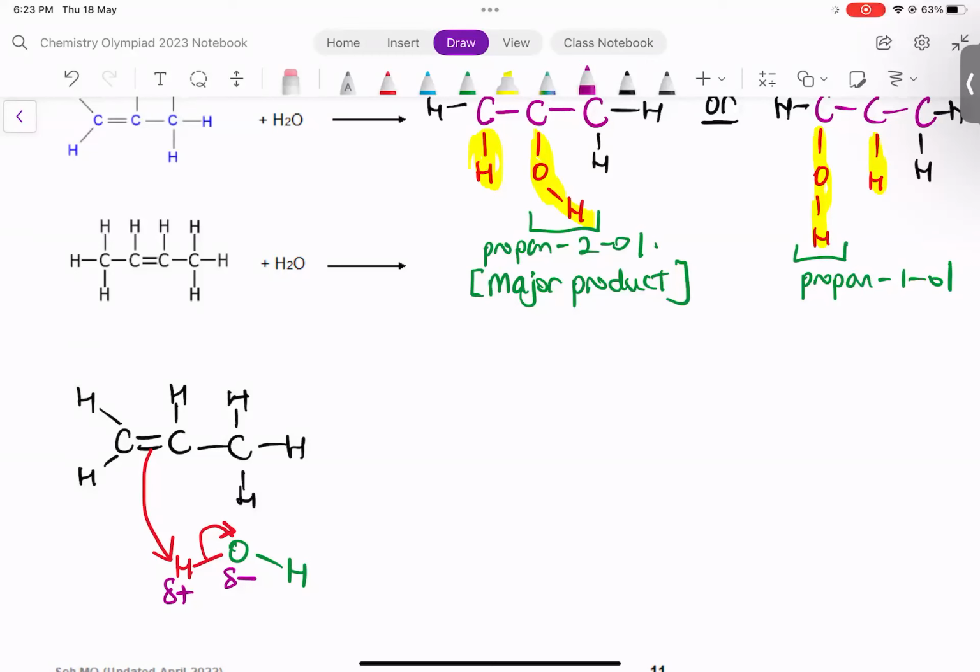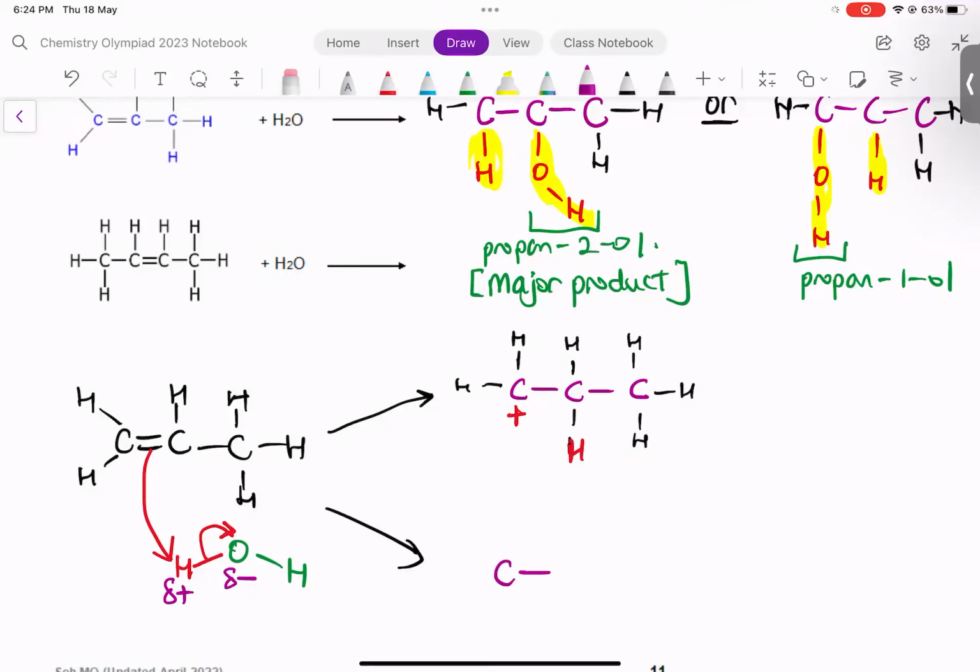This leads to two different carbocations formed. The plus charge can either be here, where you accepted the H here, maybe. So this is one carbocation, or the plus charge is in the middle.